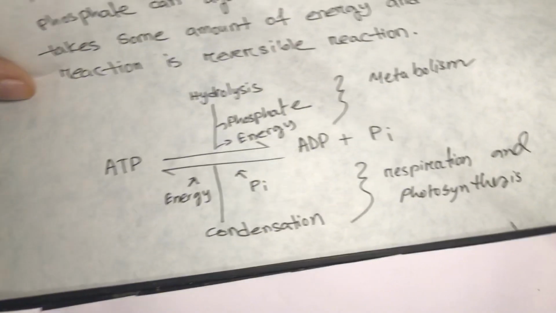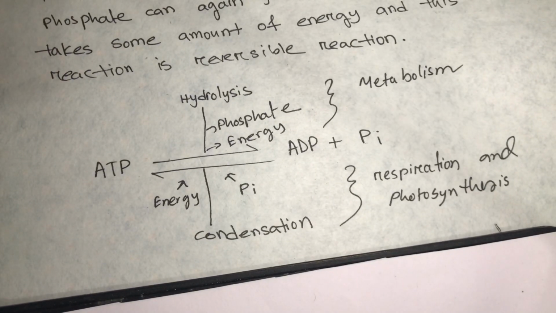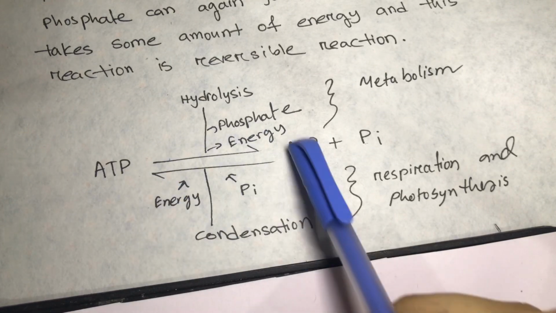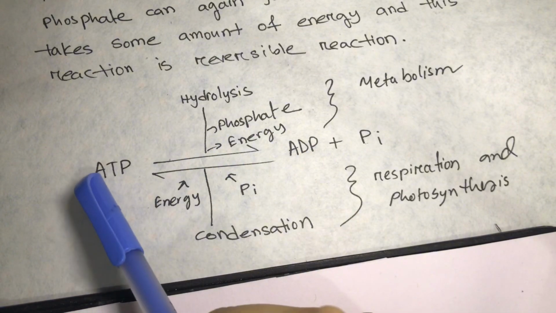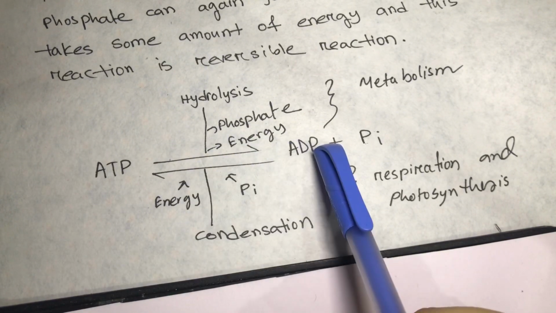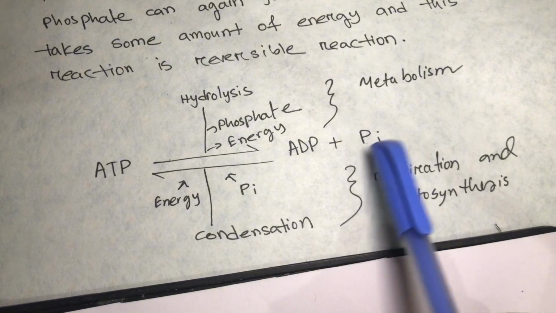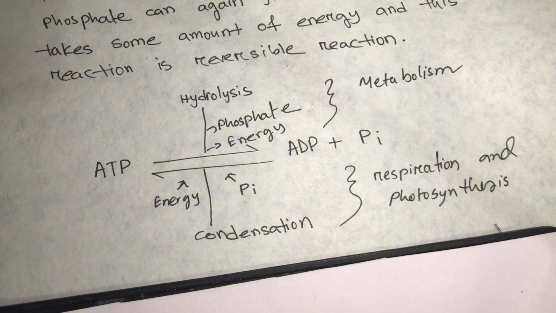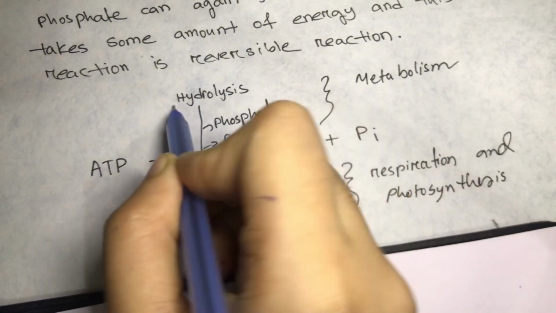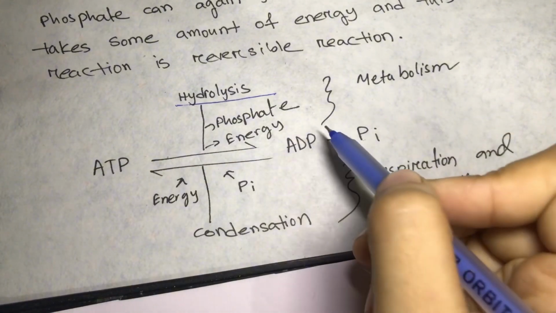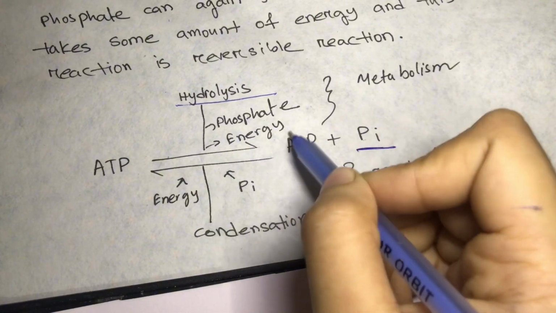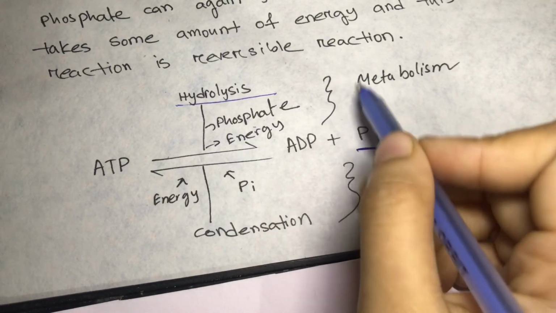This is one simple diagram to show how ATP works. This is the sign for a reversible reaction. ATP can get dissociated into ADP and Pi. This process is called hydrolysis. It produces a phosphate and energy, and it's a metabolism.